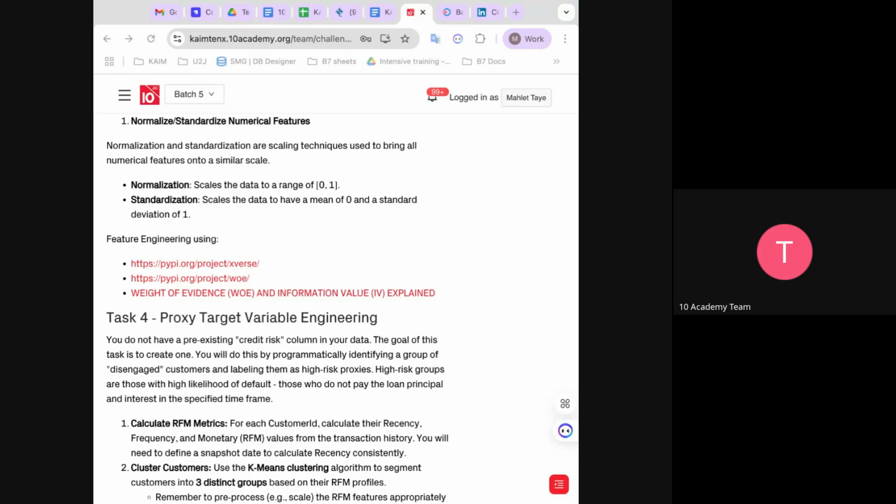So based on the transaction history, you can define these dates and calculate the recency, frequency, and the money spent by them.